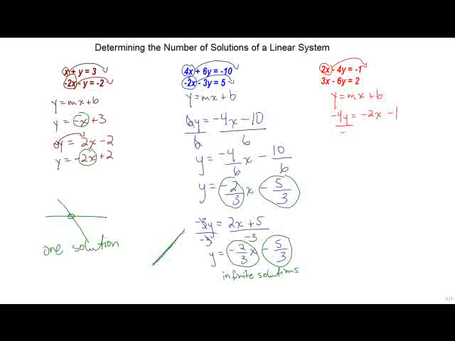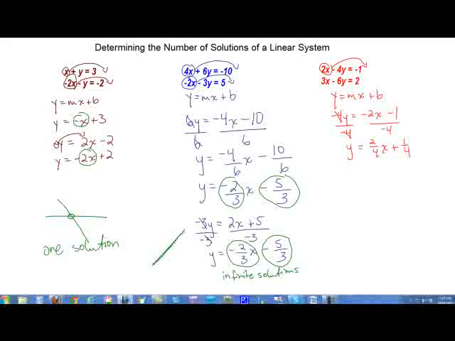Continuing to solve for y, we divide both sides of the equation by its coefficient. The negative 4's will cancel each other out, leaving us with y equals negative and negative, so now we have positive 2/4 x, and we have negative and negative, so we have a positive 1/4.